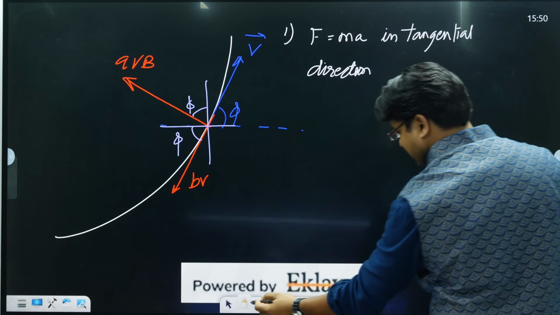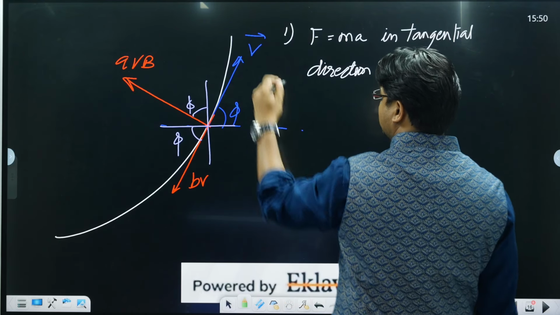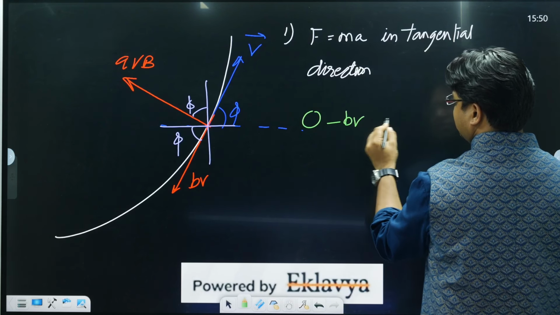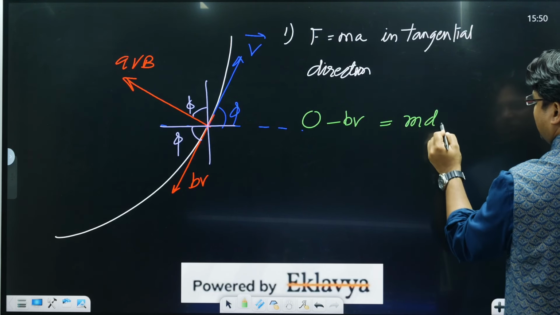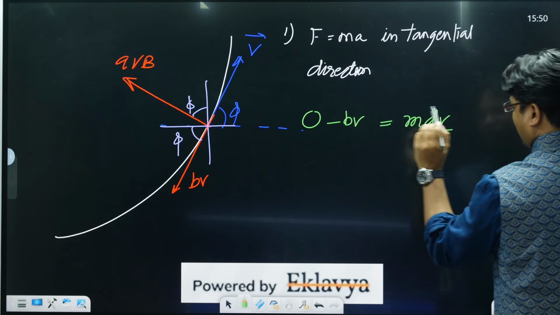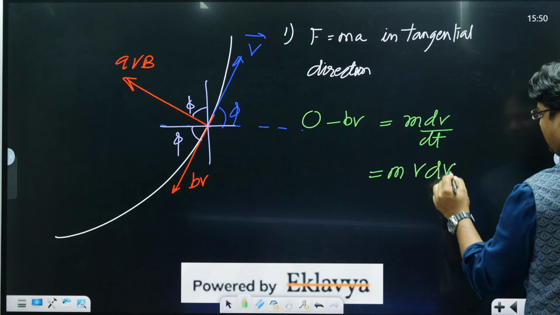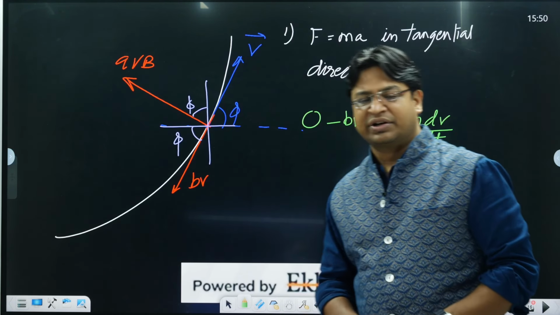So the force parallel to velocity is 0, opposite to velocity is BV. So 0 minus BV is the force in the direction of velocity. So it should be equal to m into dV by dt, or we can also write it as m into v dV by dl, where L is the distance covered or length along the trajectory.